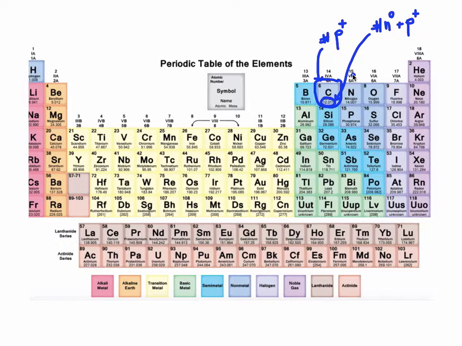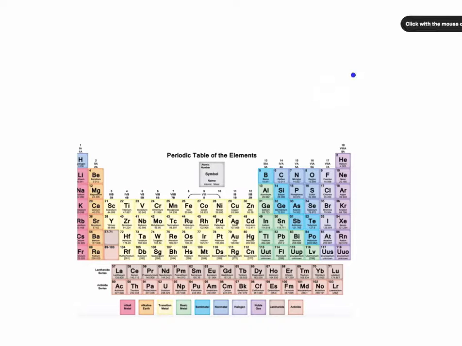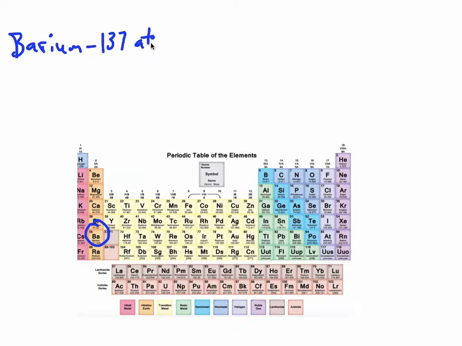And I like to use a certain format for doing these problems. That's counting the particles. Let's go ahead and look at that. I like to use a format that looks like this. We're going to take barium here. First off, we'll do the barium, and then I put the atomic mass here. So barium 137, and let's do the atom.